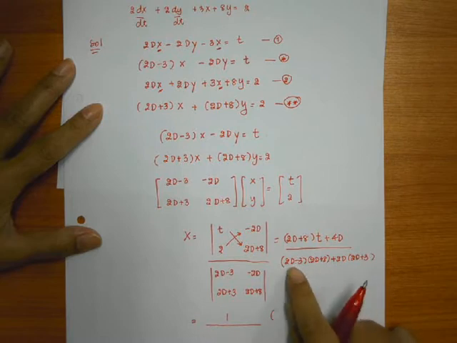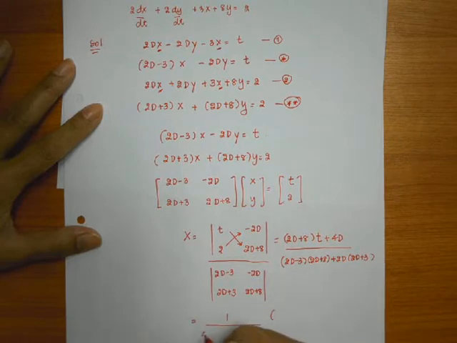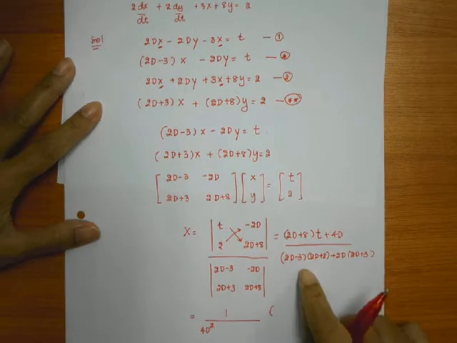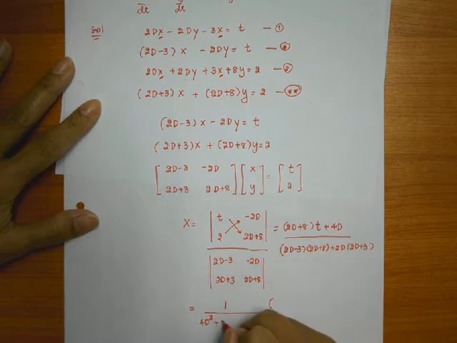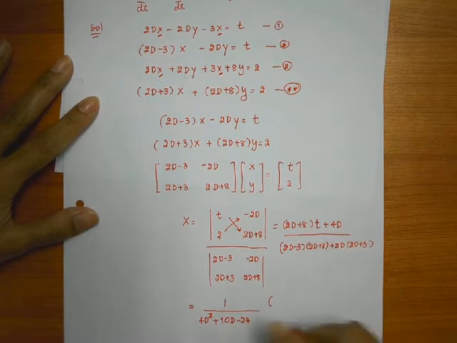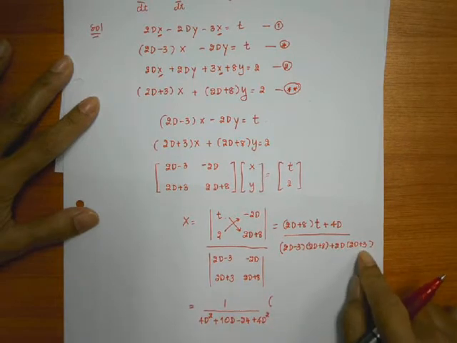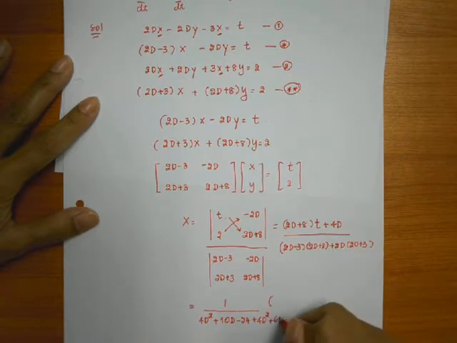This one, you would get what? 4D squared plus 10D minus 24 plus 4D squared plus 6D.